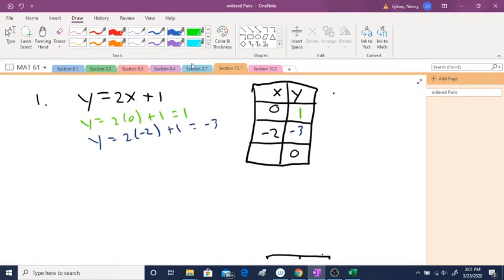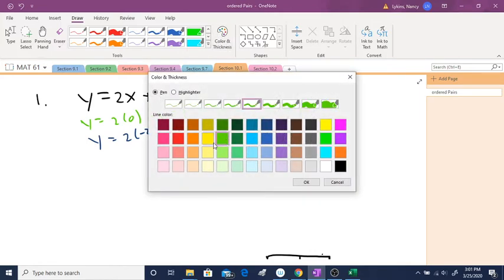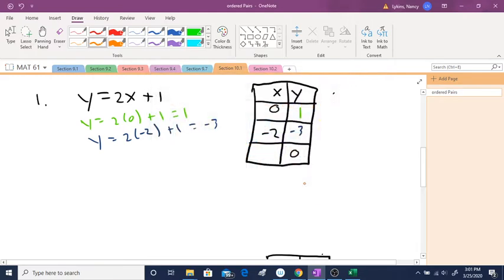And finally, when y is 0, well, this one's a little bit trickier. The common mistake is we try to substitute that 0 in for x. Well, that's not the x value. That is actually the y value. So what do I need to do for this? Well, you still want to substitute that value in for y and still have the 2x plus 1. So I did not change anything. The only thing I did was I put the 0 in for y.